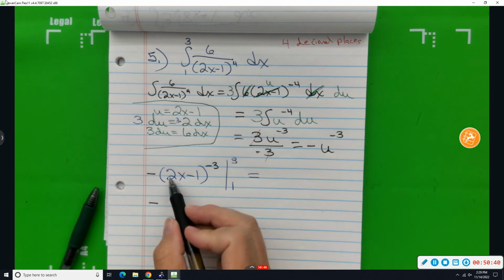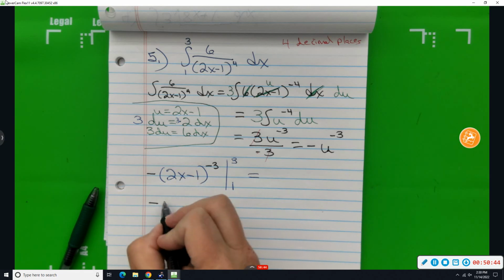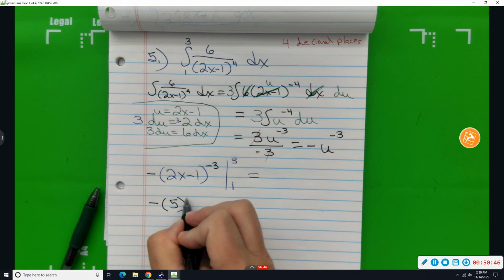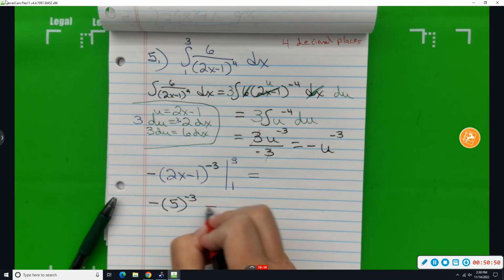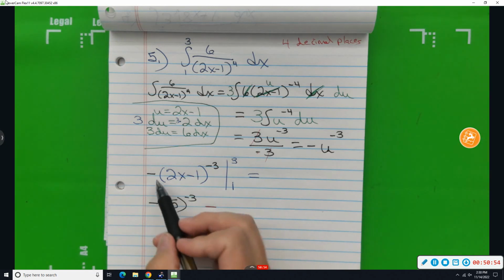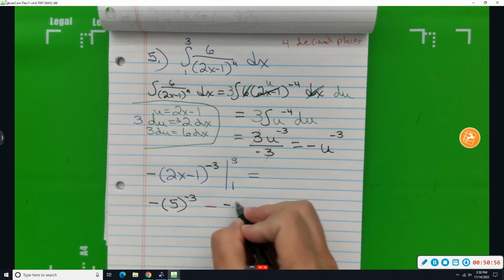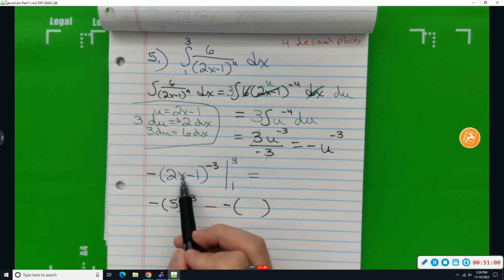Plugging in the 3. 2 times 3 is 6 minus 1. That's the negative of 5 to the negative 3. Minus, this minus is from the Fundamental Theorem of Calculus. Then we have that black minus. Plug in 1. 2 times 1 is 2.